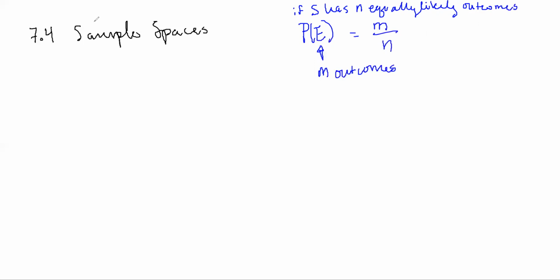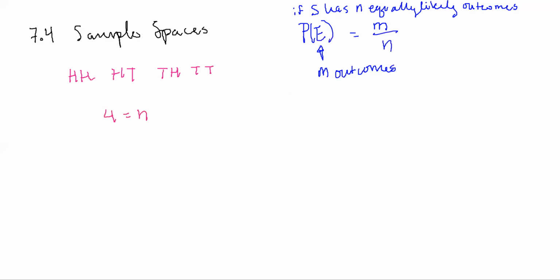So for instance, if we were to apply this to our coin flipping that we just talked about, we have 4 in sample space S, so n is equal to 4.